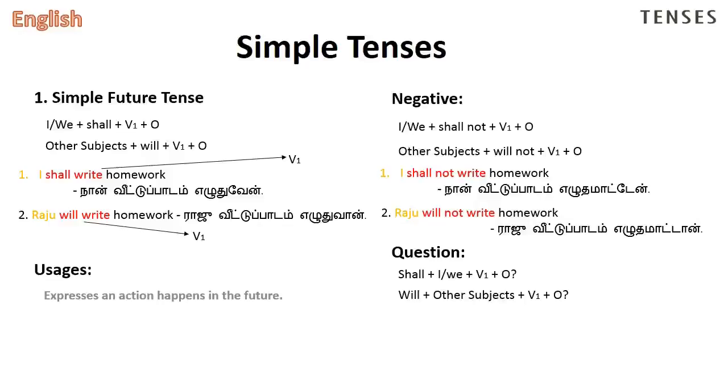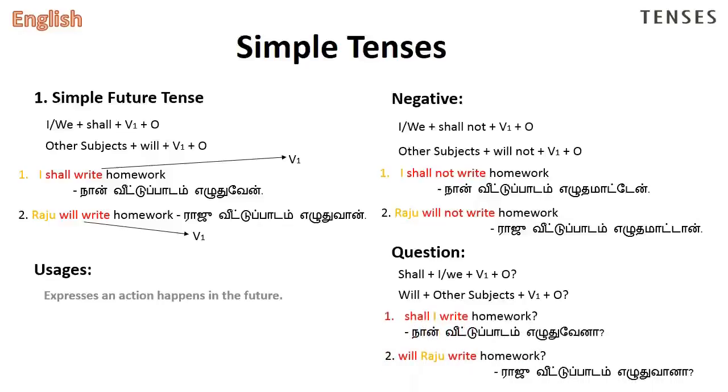So I have given the homework from each slide, which means each part. Simple present, you have to write 10 sentences with Tamil translation. Simple past, you have to write 5 sentences with Tamil translation. And simple future, what is your homework? Let's see. Okay. Yeah, again, 5 sentences in simple future with Tamil translation.